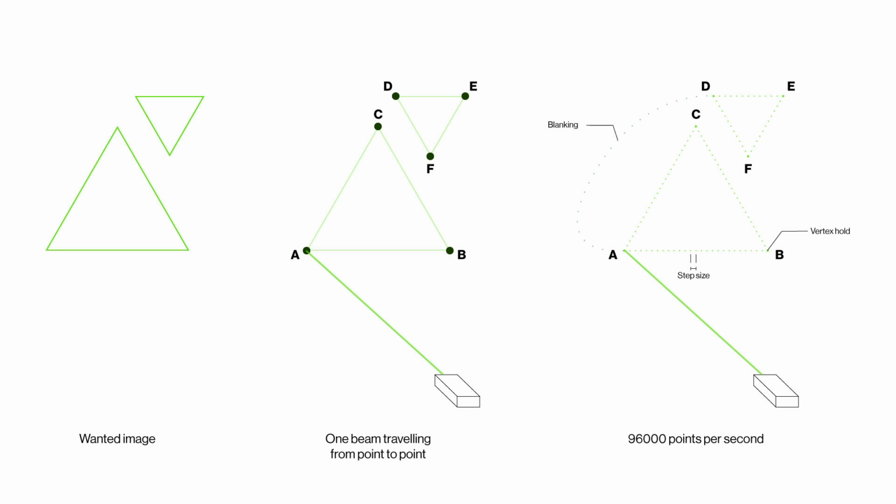Another important aspect is how the laser should travel between the shapes, so between our triangle 1 and 2, and these are the blanking points, or blanks. The laser is traveling from A to D, and in that moment the laser is off.